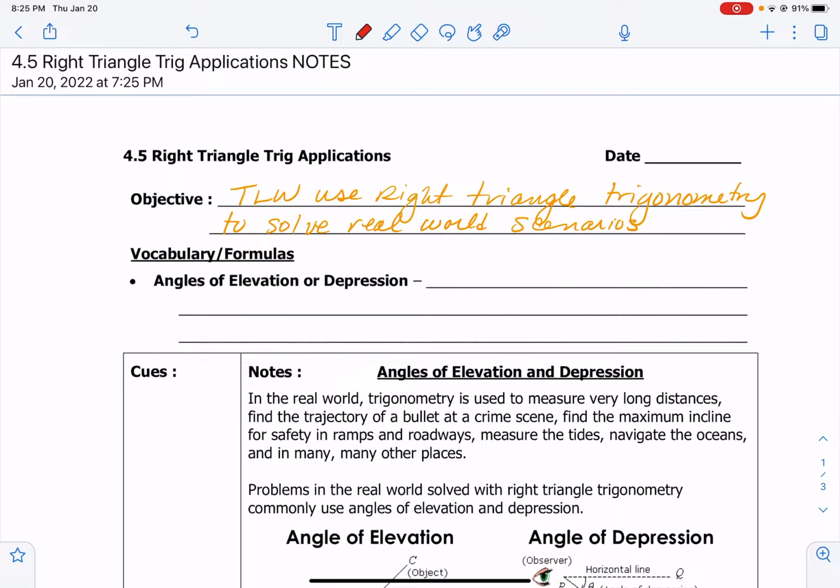So, vocabulary. Angles of elevation or depression.